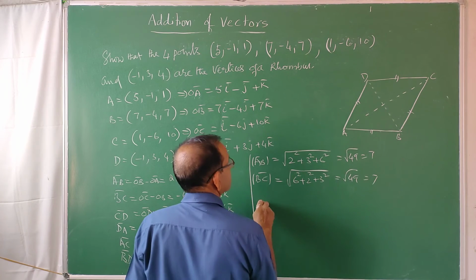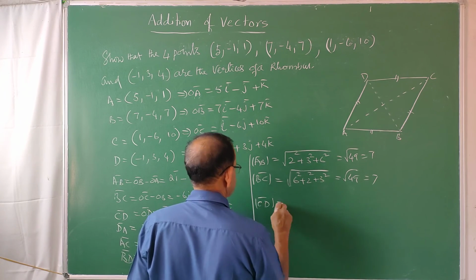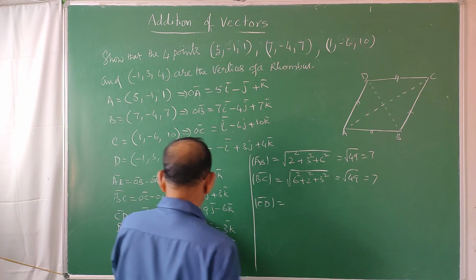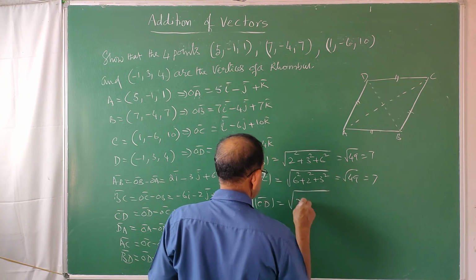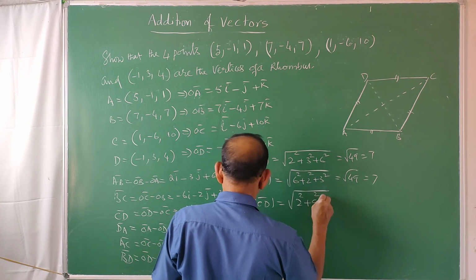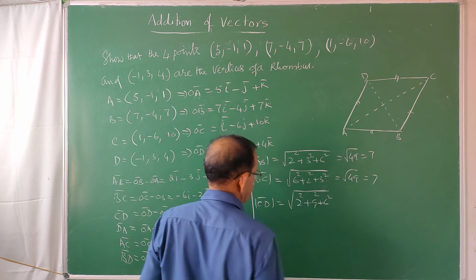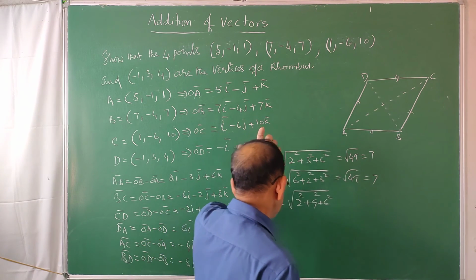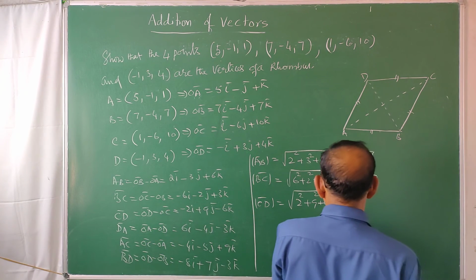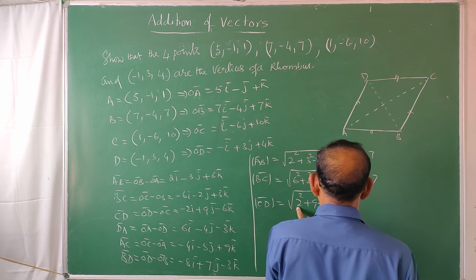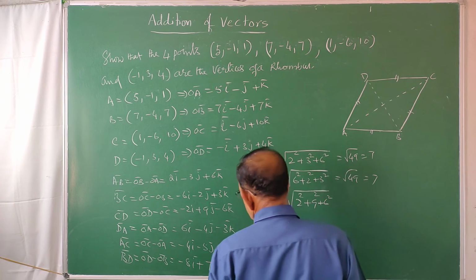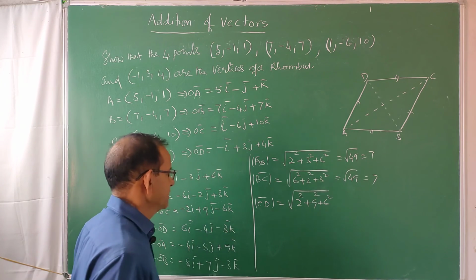Next, CD bar modulus. Third one, 2 square plus 9 square plus 6 square. Here they change, but the value may be the same. 4 plus 81 plus 36, that is not 49. There is some mistake here. Let us check it.